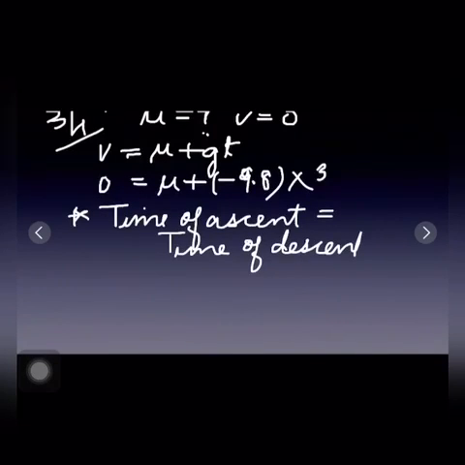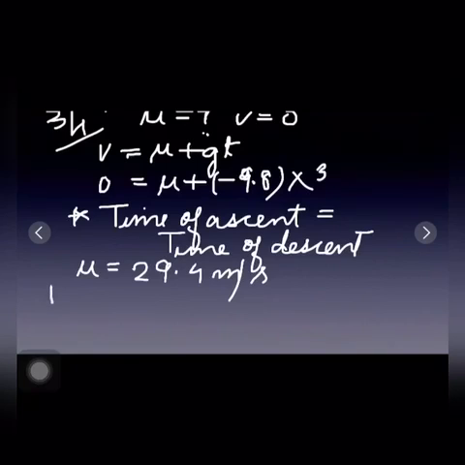So 3 seconds it will take to reach the maximum height, and the remaining 3 seconds it will take to return to the thrower. So that's why we have taken 3 seconds as the time. Now you have to solve it and you will get U as 29.4 meter per second. So this is the main catch in the question, this time consideration.